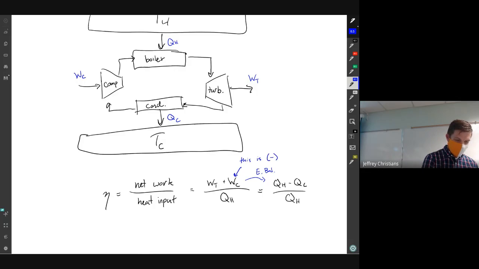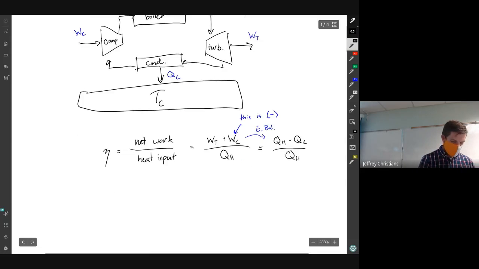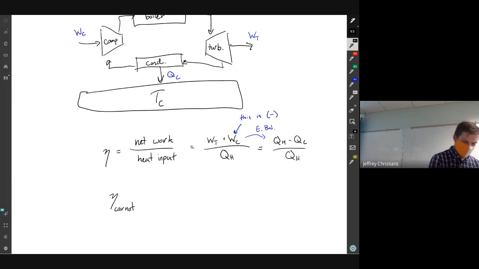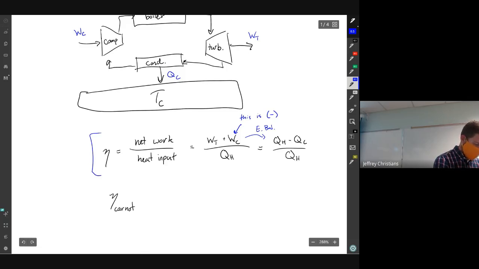So this is where we get this equation for Carnot in particular. Before this, what we had was for any heat engine.